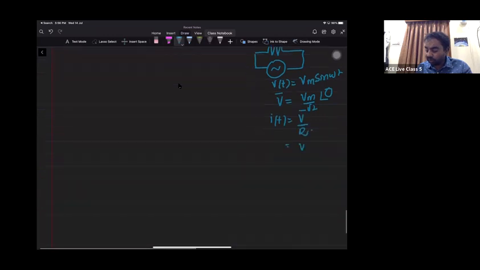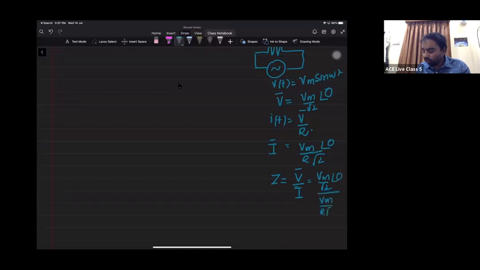I get Vm by R root 2 at an angle 0. This is I bar. Then if I want to calculate the unknown impedance of that resistor, impedance is defined as the ratio of voltage phasor to current phasor. The voltage phasor is Vm by root 2 at angle 0, the current phasor is Vm by R root 2 at angle 0. This cancels, this cancels. So it is R.